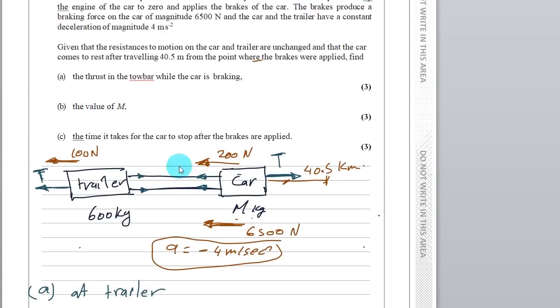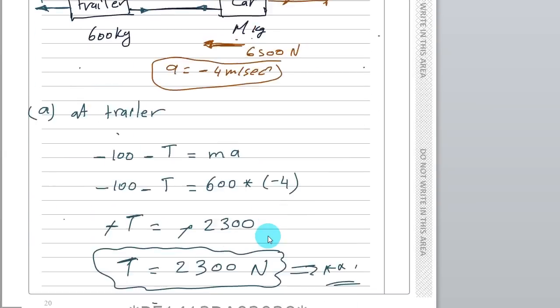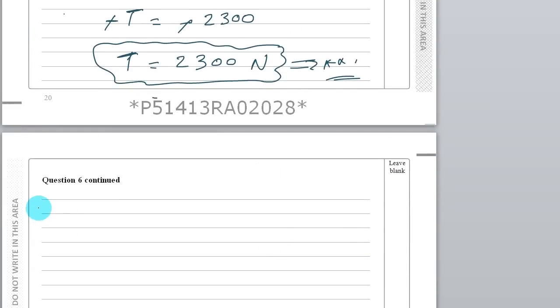Find the value of M of the car. What is the force that we have? We have T minus 200 minus 6500 equal to MA. So let us write equation B at the car. Again, T minus 200 minus 6500 equal to MA.